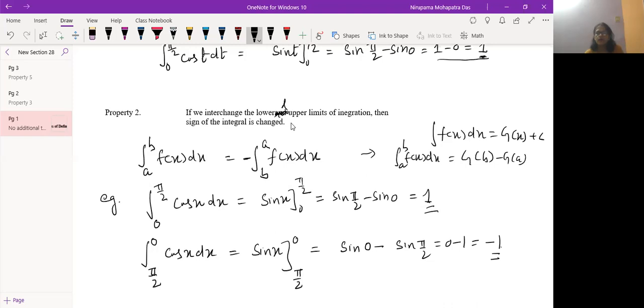But if I interchange the limits and take b to a, this becomes g(a) minus g(b). Because of this, the sign of the integral is changed.